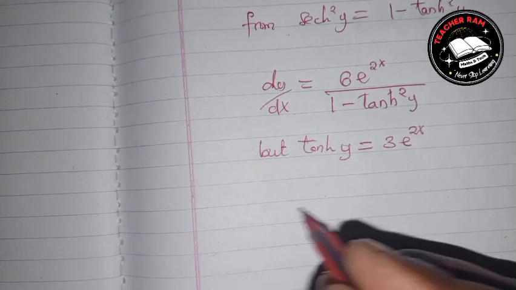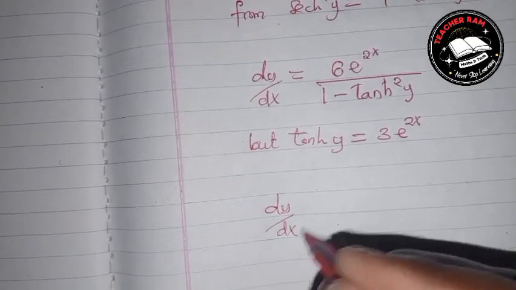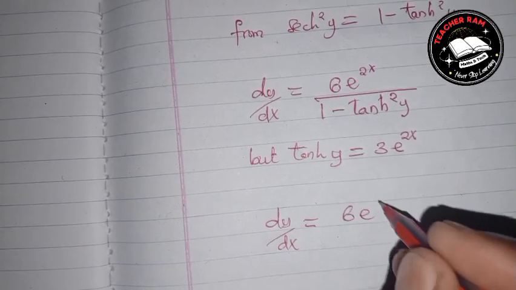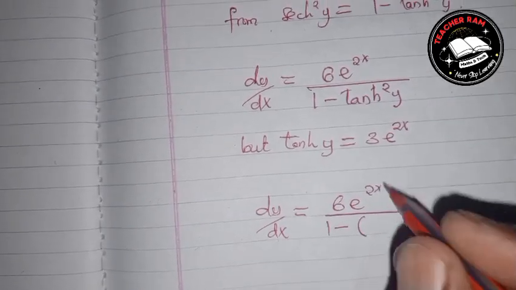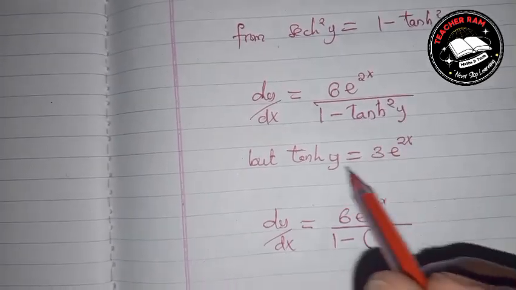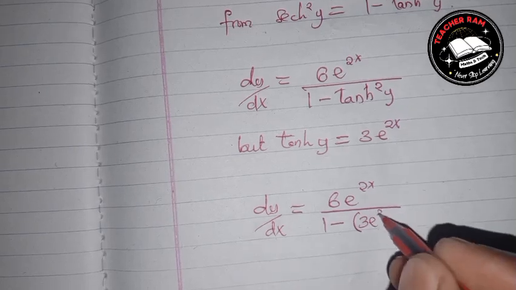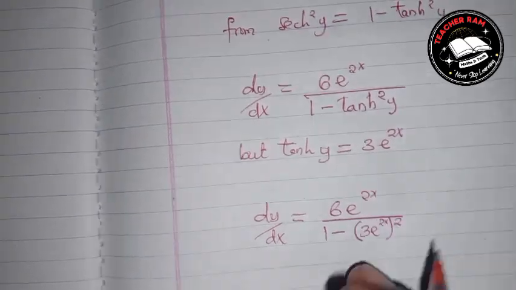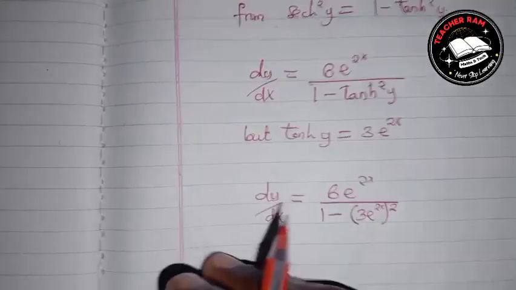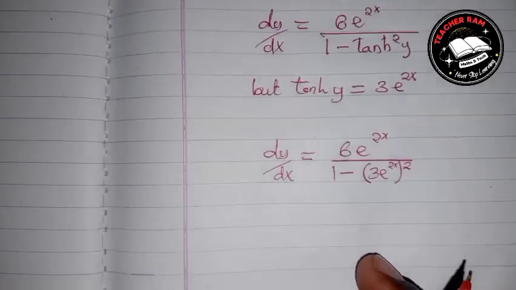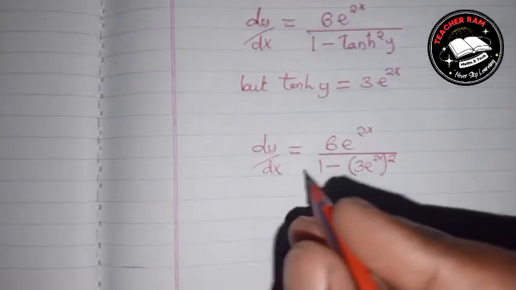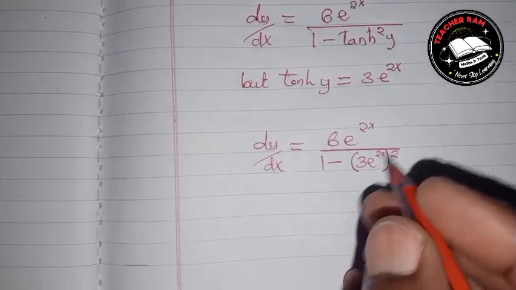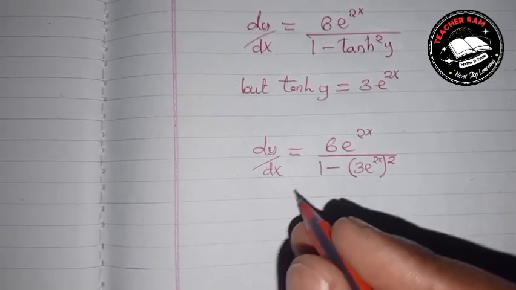So dy dx is equal to 6e power 2x divided by 1 minus, in brackets, since it is tanh square, 3e power 2x with a square. After that, let us multiply the power by 2 so that we can simplify it.